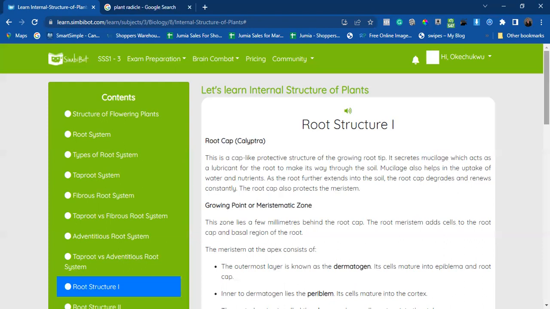We have the perum. So the last one, the perum.